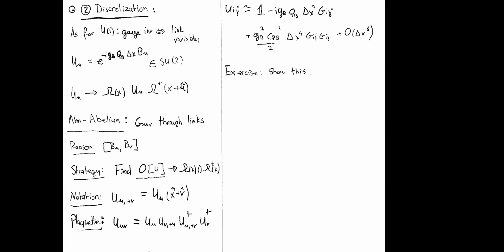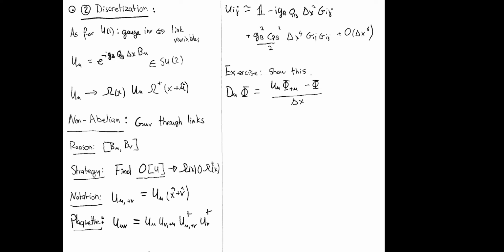For instance, you can use that in the covariant derivative as you did for U(1). So D_mu phi is going to be U_mu phi at x plus mu minus phi, divided by delta x.